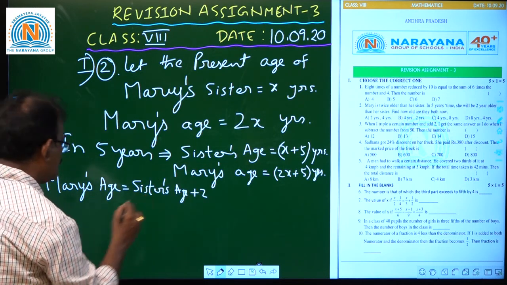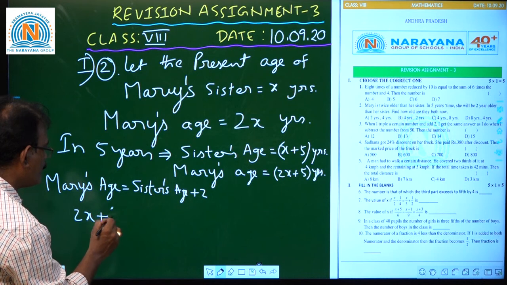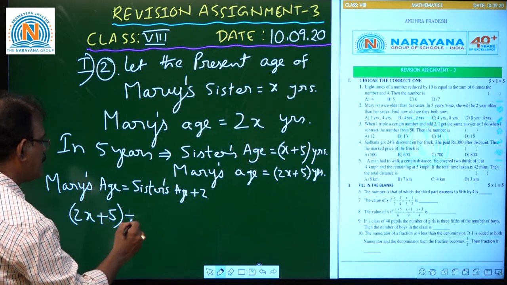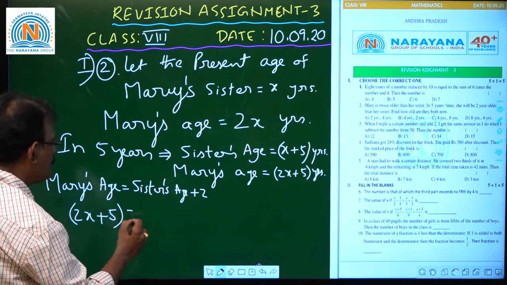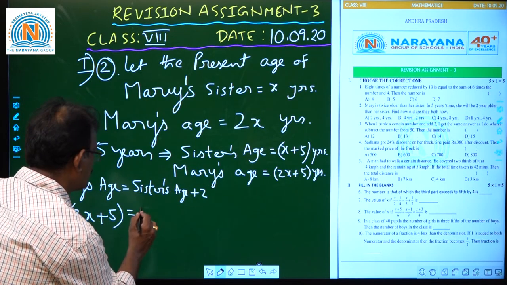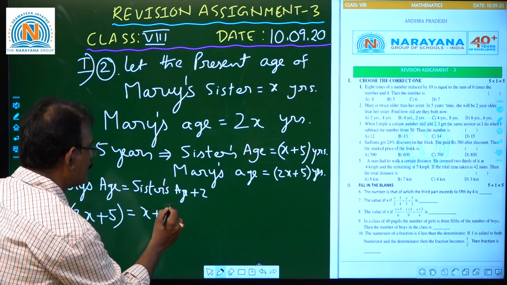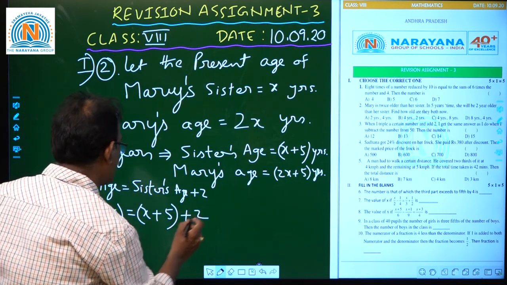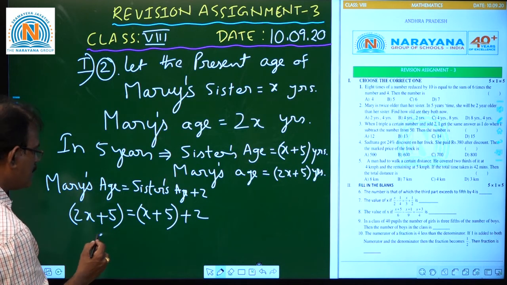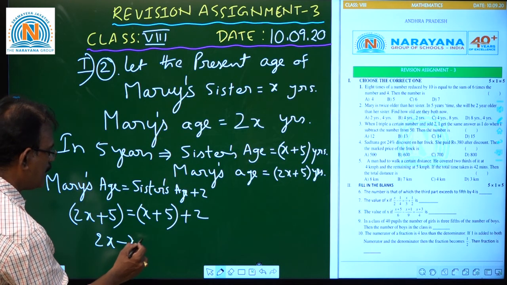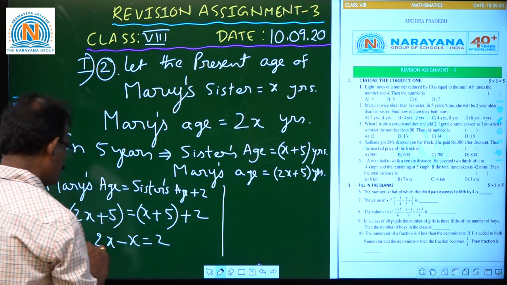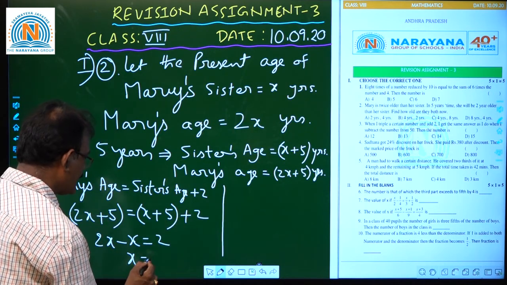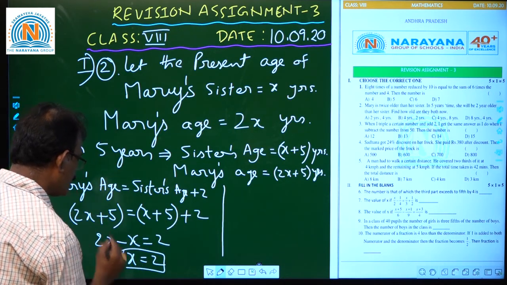So Mary's age 2x plus 5 is equal to the sister's age x plus 5 plus 2. We can cancel the same constant on either side and transpose x to the LHS. Then 2x minus x is equal to 2.